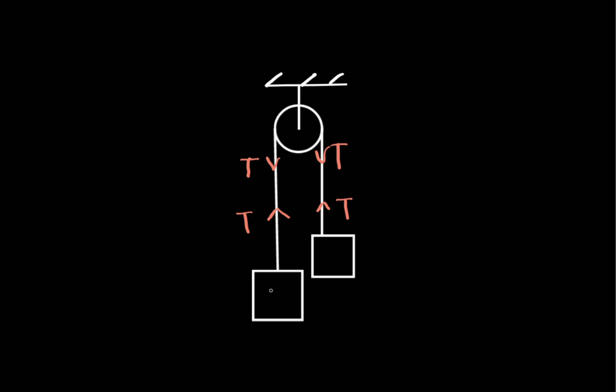Let's say the mass of this block is m1 and that of this is m2. We can frame equations for this pulley block system. How do we frame them? First we draw the FBD of the masses.